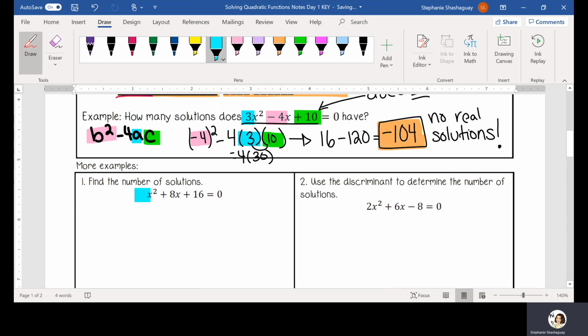So this is our a, this is our b, and this is our c term. So we're going to use those to plug into our formula. So b squared is just going to be... minus 4, because that 4 does not change in the formula. That 4 stays the same. Minus 4 multiplied by a.